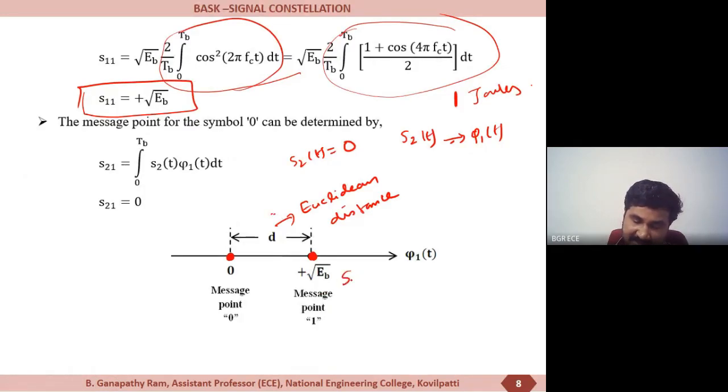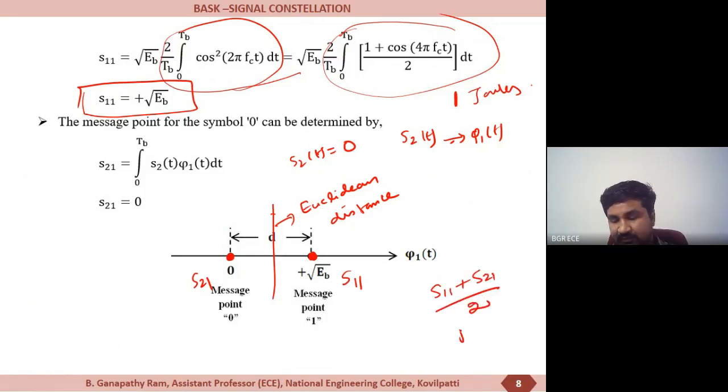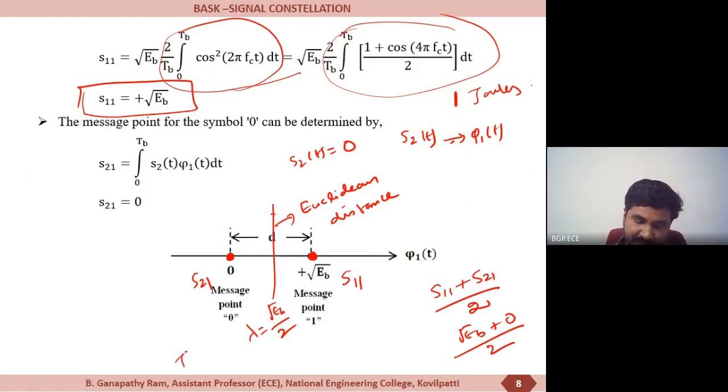This is S11, this is S21. So a midpoint is chosen such that S11 plus S21 divided by 2, so square root of EB plus 0 by 2, that is the threshold will be chosen at square root of EB by 2. If the received value x is greater than root EB by 2, then the receiver will decide in favor of 1. If it is less, it is deciding in favor of 0.